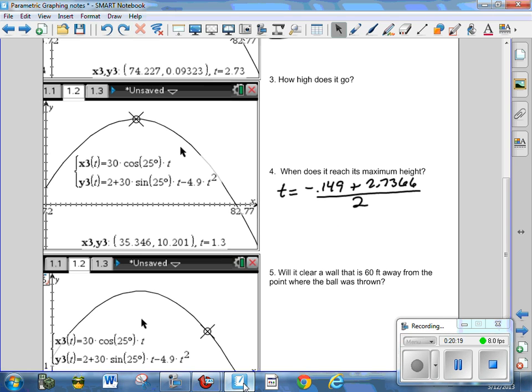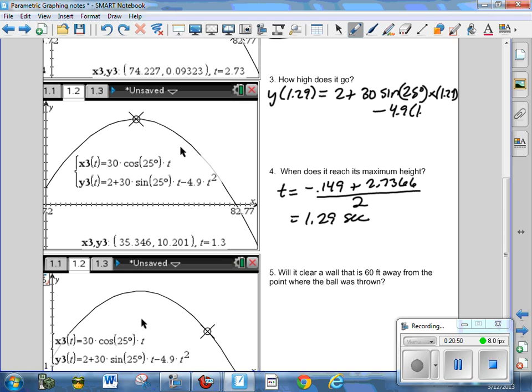Okay, so back up here. This was 1.29 seconds. So then we would say y of 1.29 is equal to 2 plus 30 sine of 25 degrees times 1.29 minus 4.9 times 1.29 squared.